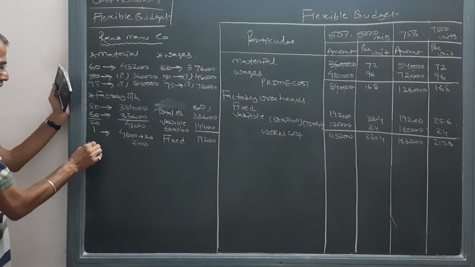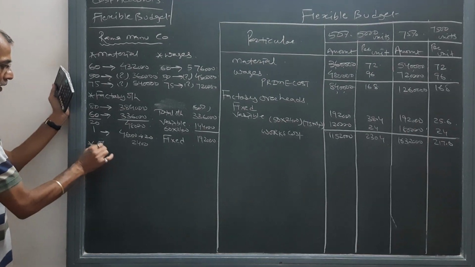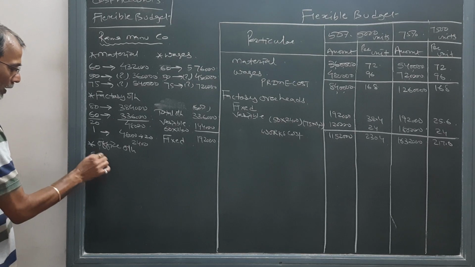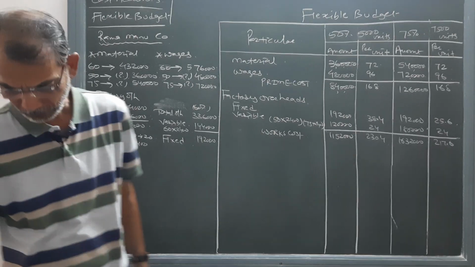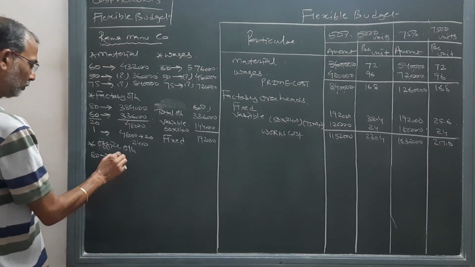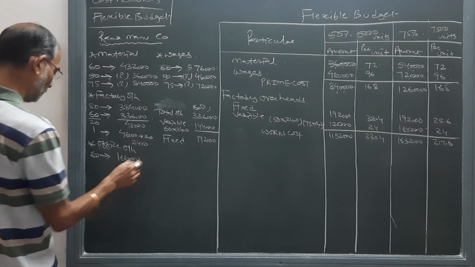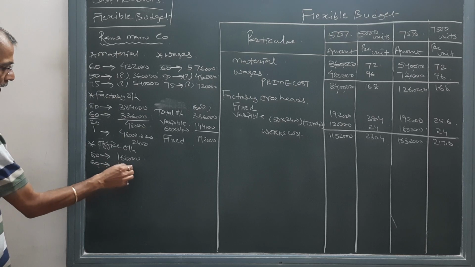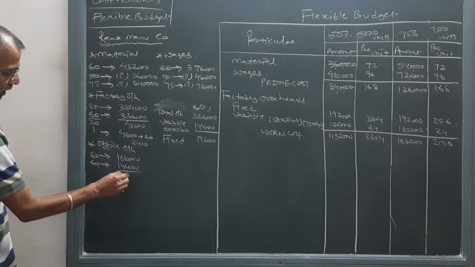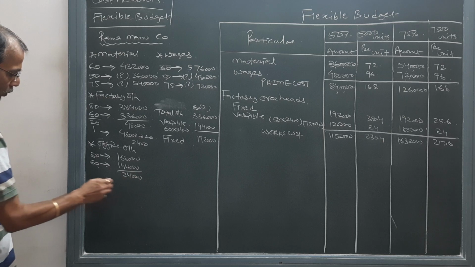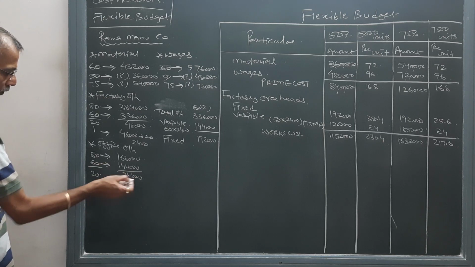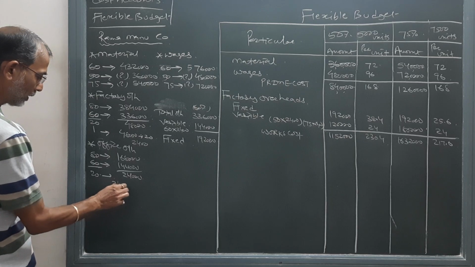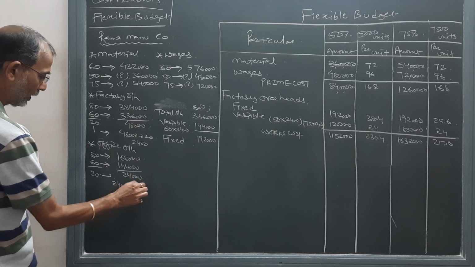Now the same calculation will be done for office overheads. At 80% capacity those are 168, and at 60% those are 144. So the difference is 24,000 divided by 20.